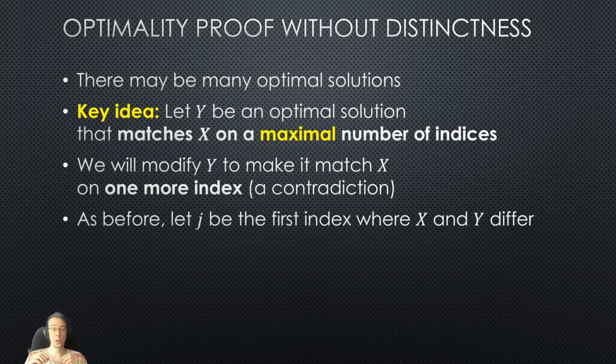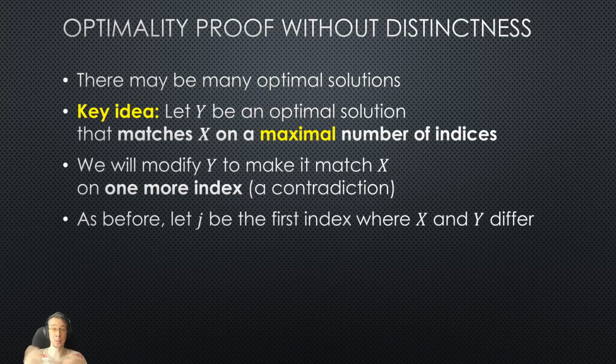In our case, we're going to pick the optimal solution that matches x on a maximal number of indices. In other words, this optimal solution y is going to make the same choices as x on some number of indices.